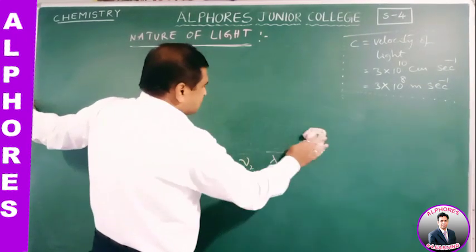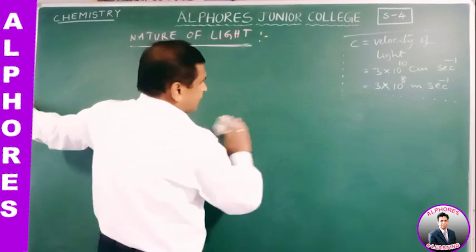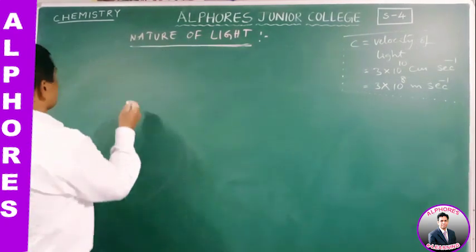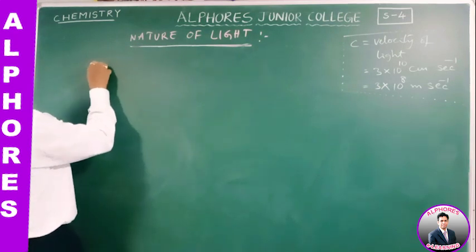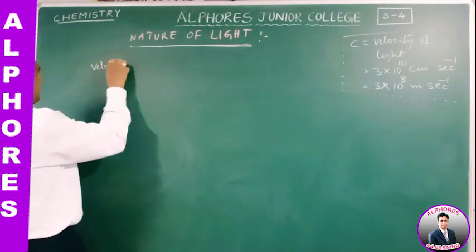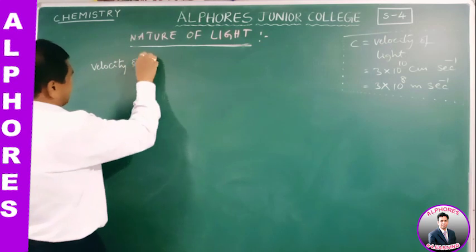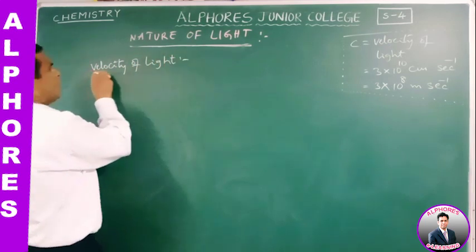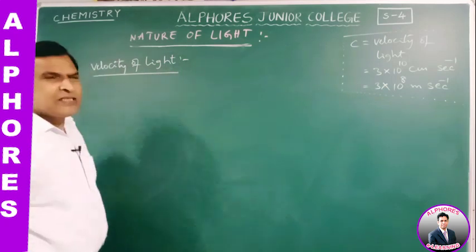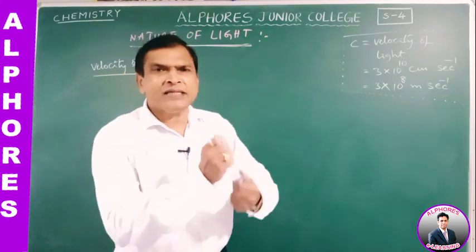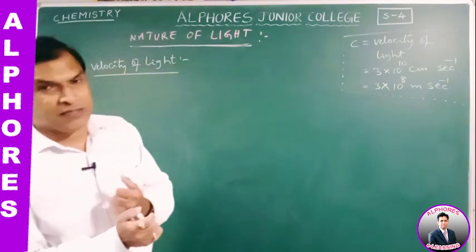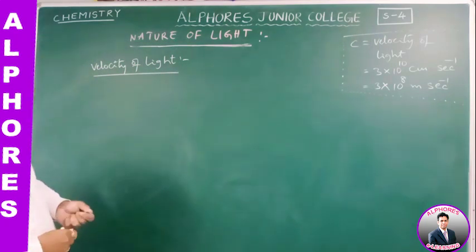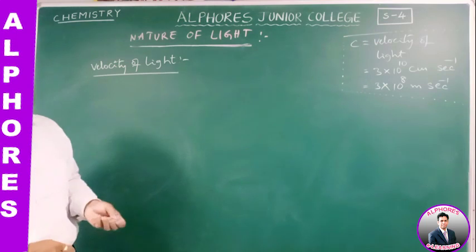What is the velocity of light? Yes, the interesting definition of the velocity of light: the distance travelled by the light in 1 second is known as velocity of light. The distance travelled by the light per second.